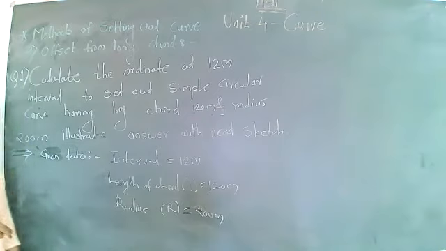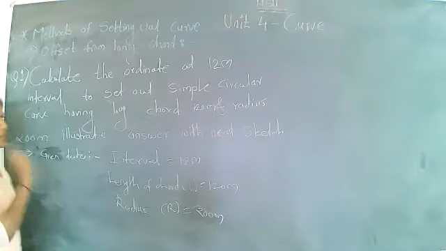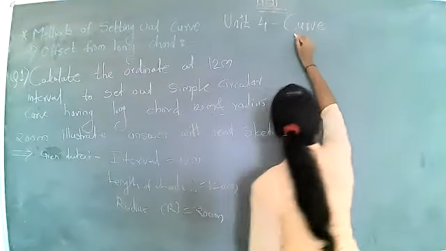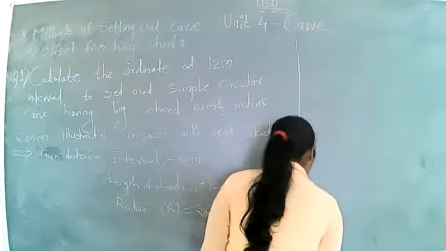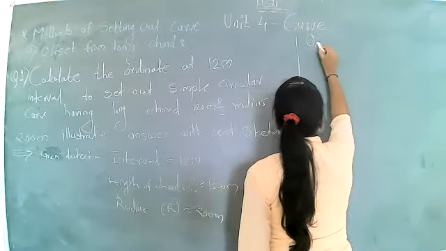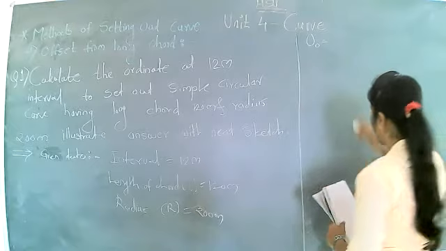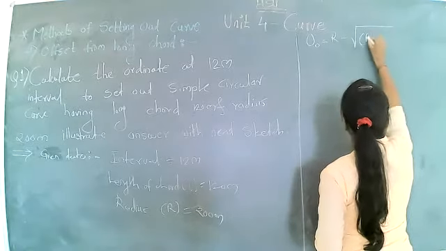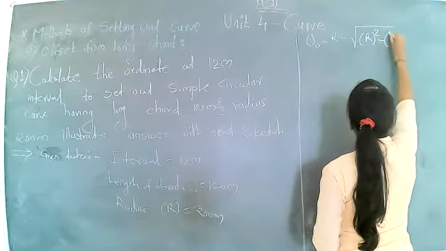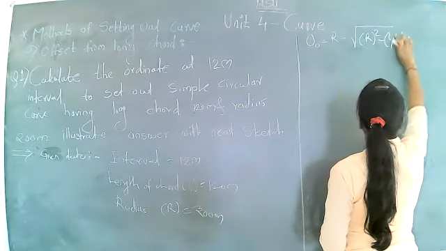As in the theory session, in this method, firstly we calculate the offset at the center, that is O0. The formula for finding O0 is R minus square root of R square minus (L by 2) square.